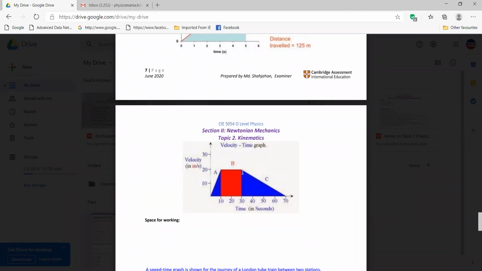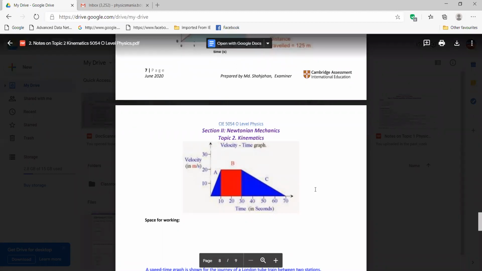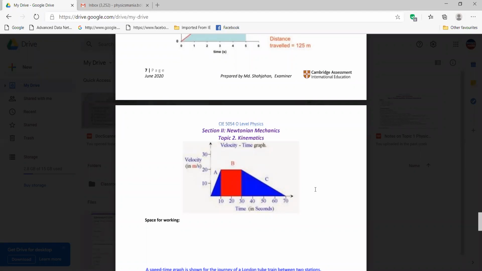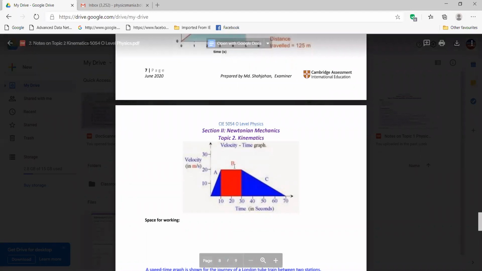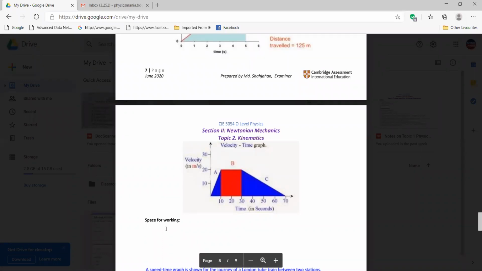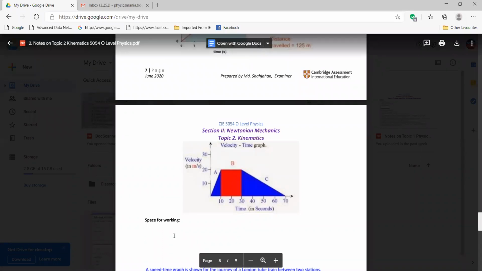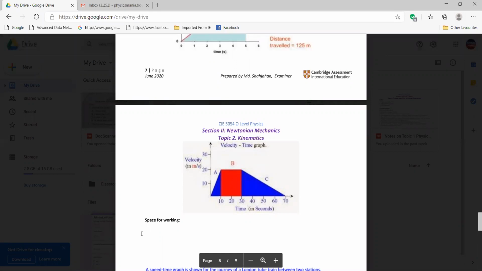Again, we are getting another triangle. So the area under the graph for A, B, C, all these should be added for the entire journey. Total distance traveled by the whole journey, right? We can do the working here. Can you tell me how much distance is traveled for constant acceleration part A?